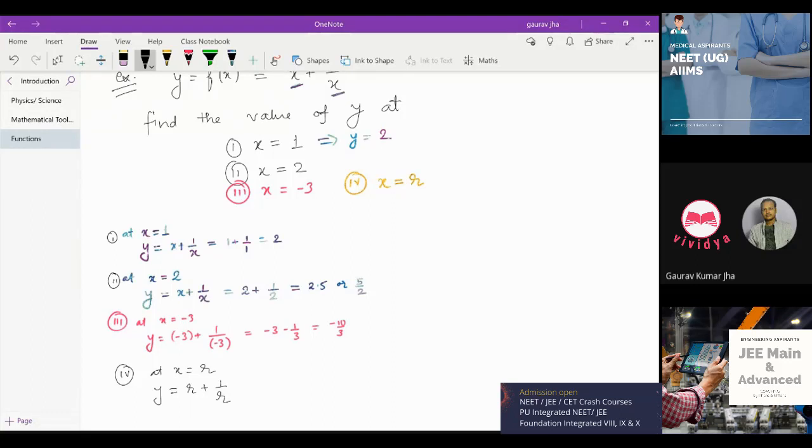Let's see one more question for you. Fifth question: what will be the value of y at x is equal to f of 1? What could be the meaning of this? Now this could be a little confusing, but some of you will definitely get it. At x is equal to f of 1.